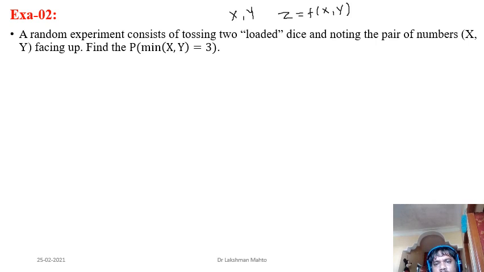You know that X is taking 6 values: 1, 2, 3, likewise it will go up to 6. And Y is also taking 6 values: 1, 2. So tell me, what are the possible values of Z?